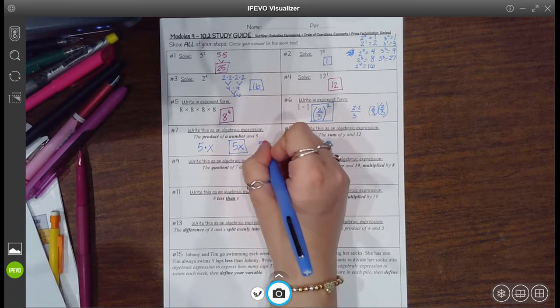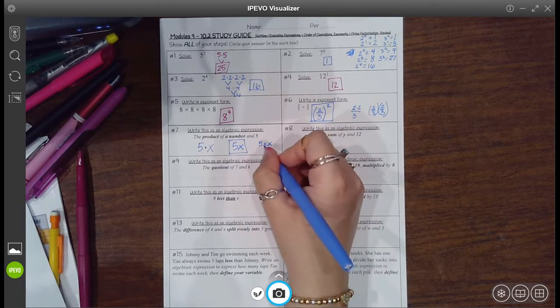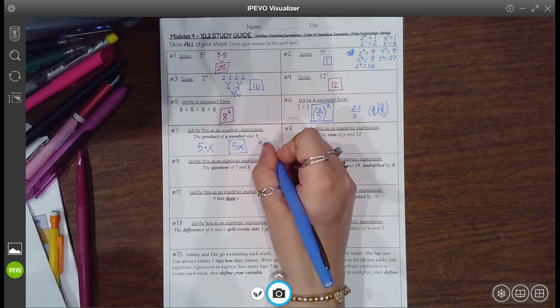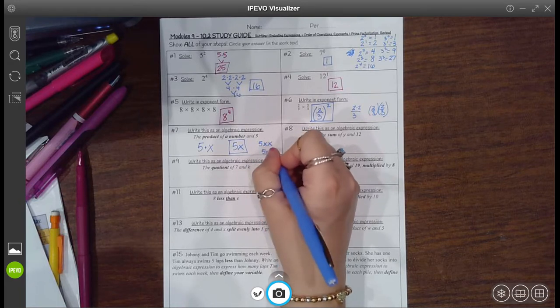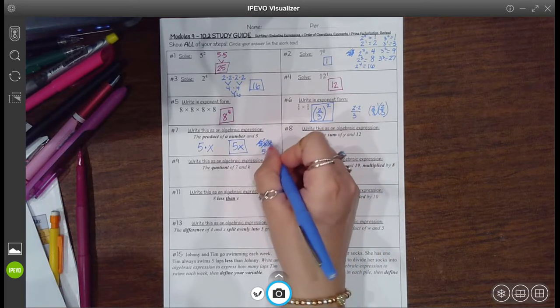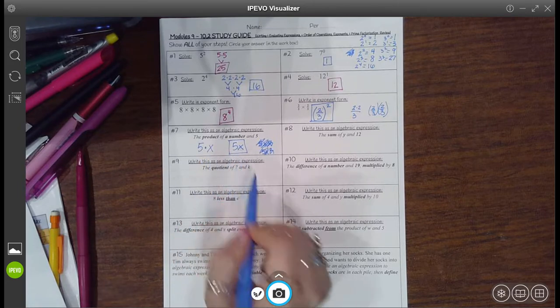Please do not in any way do this anymore. We do not use an x to represent it because that looks like 5 times some number times that same number again. So x times x is x squared. So it's 5x squared. No, it's not. It's 5x. So we are not going to use that to represent it anymore. These 2 ways are acceptable. This is the preferred way.